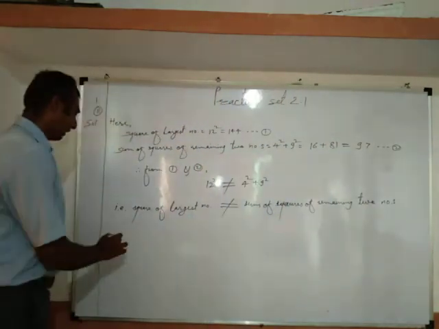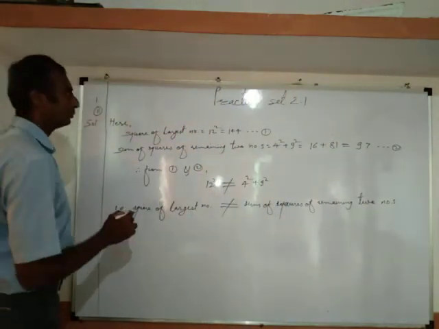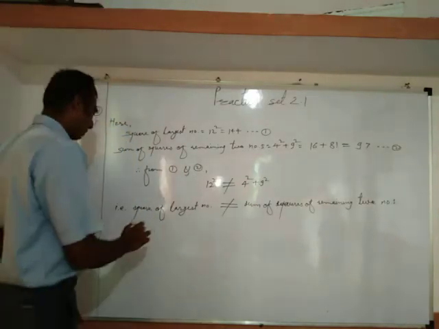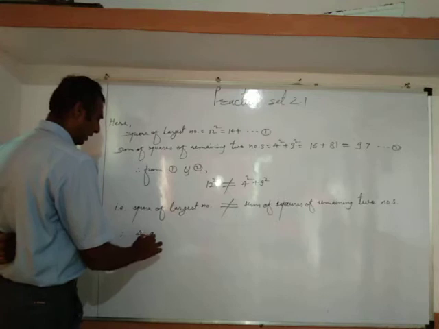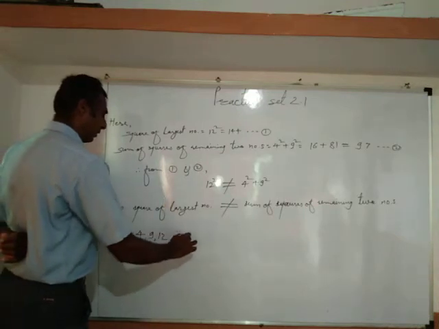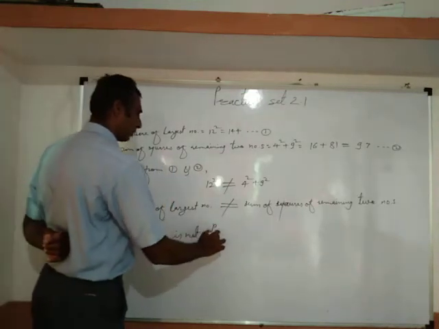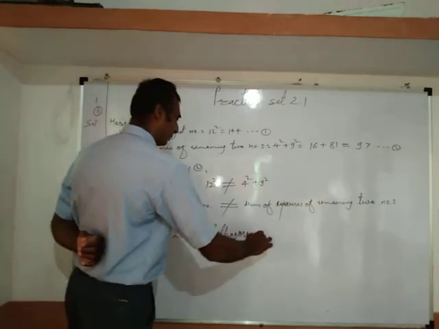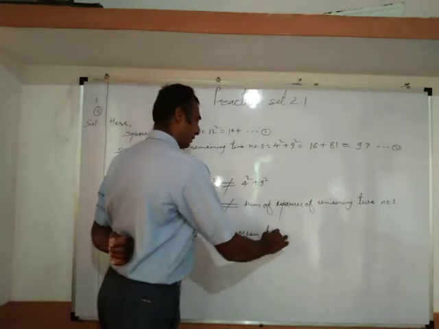Okay, and therefore the given triplet 4, 9, 12 is not a Pythagorean triplet.